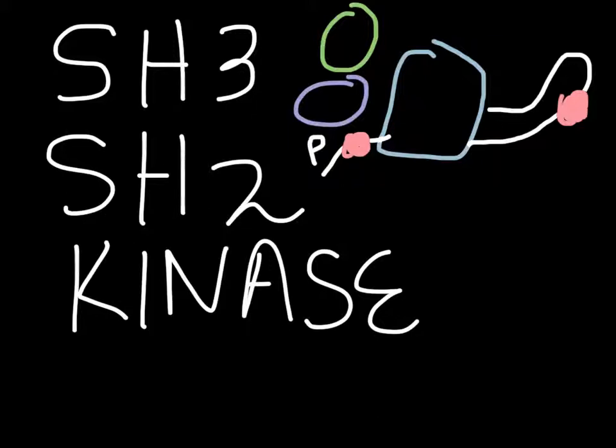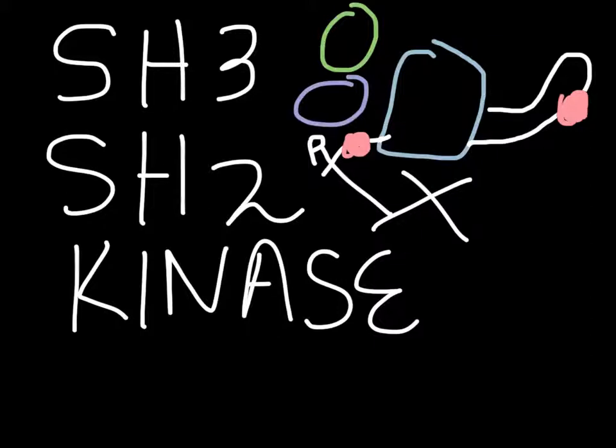What happens is, when this phosphate removal happens, so say we got rid of this phosphate, it loosens the entire protein. And when this part of the protein moves away from the blue SH2, a lot of different things are going to start happening. So when the site is free, it starts to bind to a phosphorylated tyrosine, and another molecule can bind.